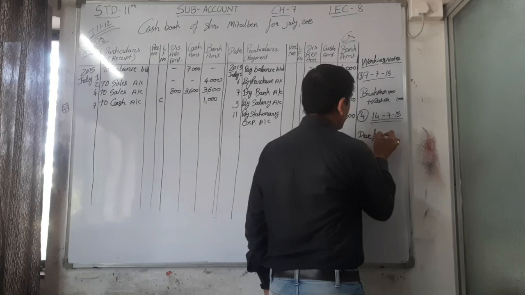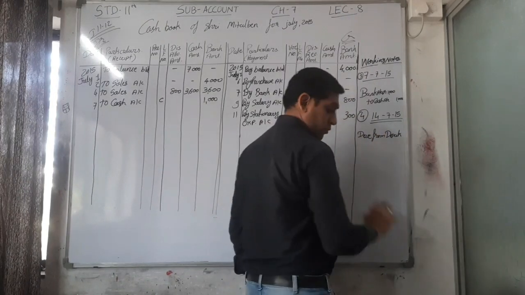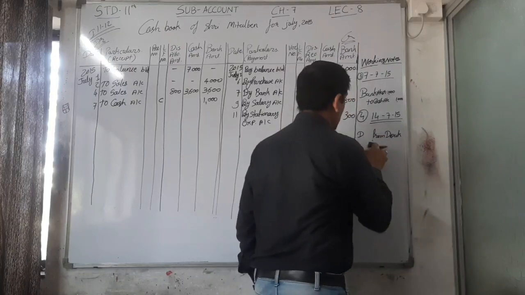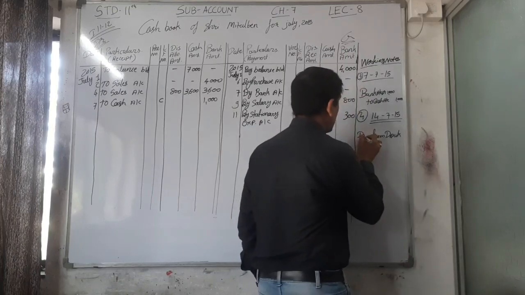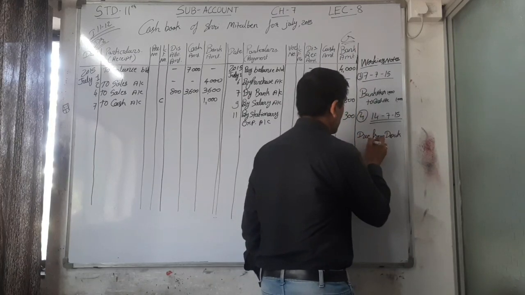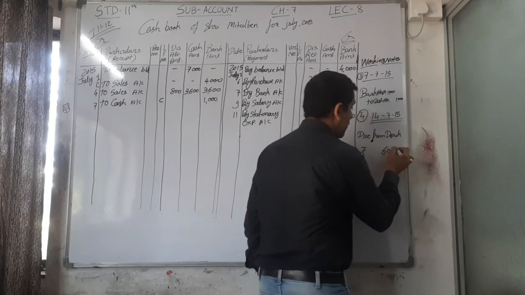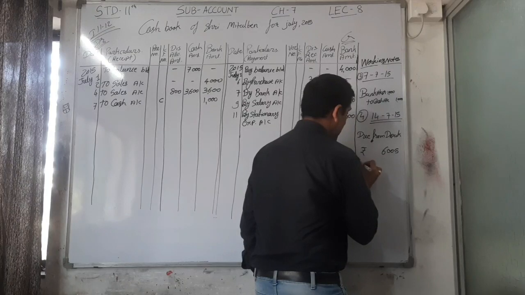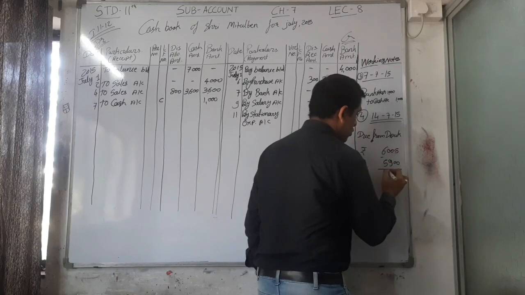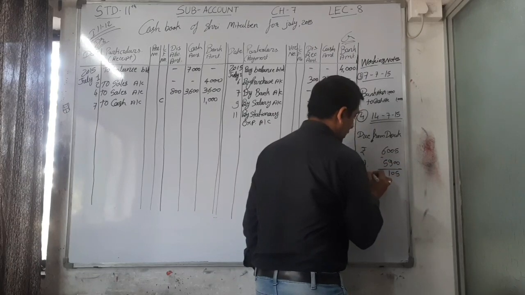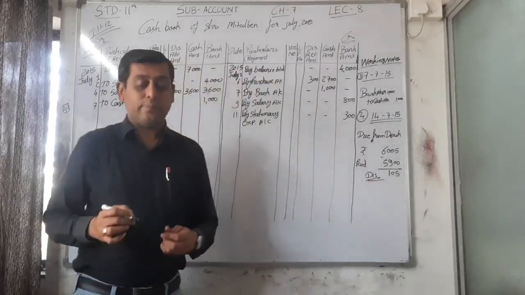Due from Deepak rupees 6,005 and paid rupees 5,900. So 105 is, you can say, kasar, but we have to write it down in the discount column.